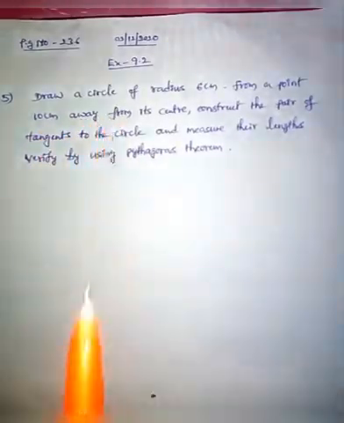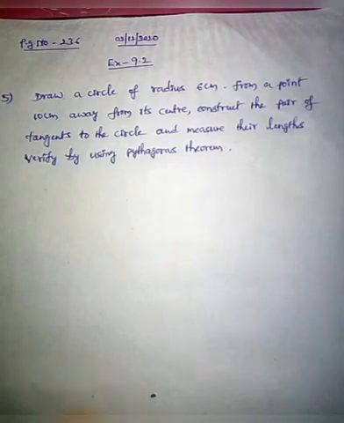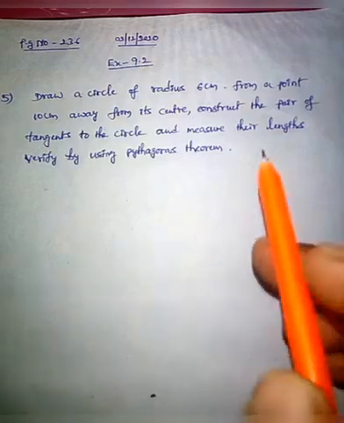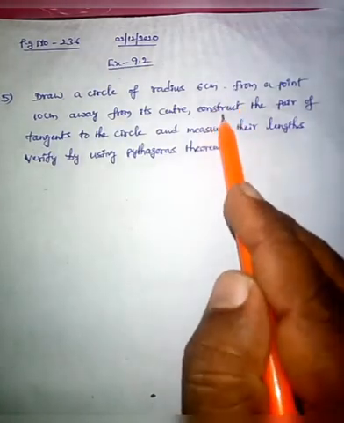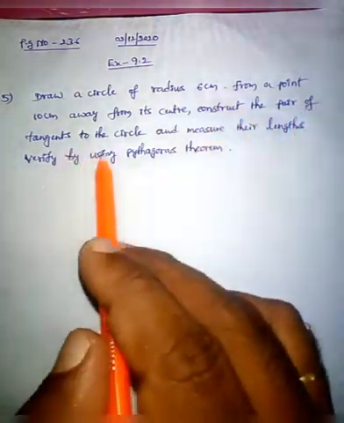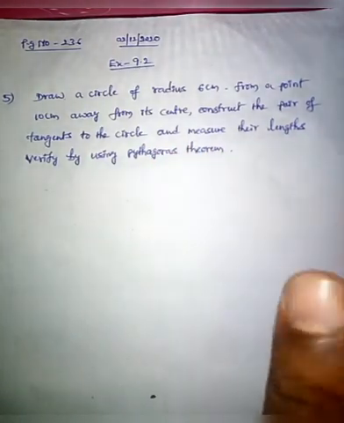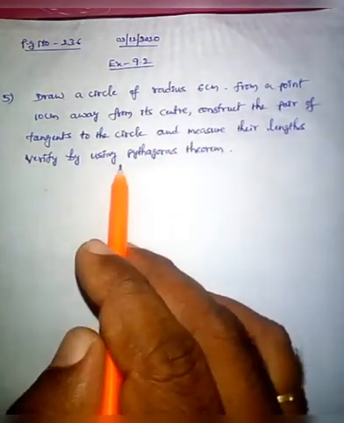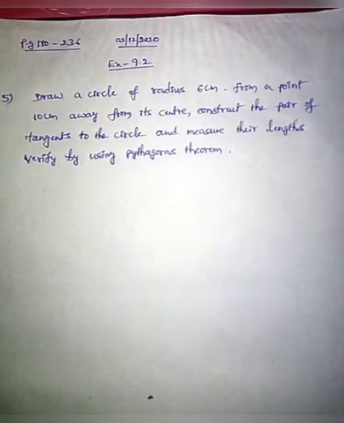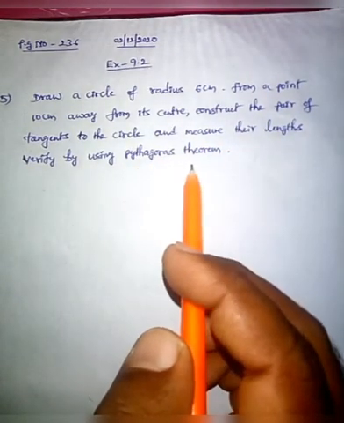From that point we have to construct a pair of tangents to that circle and measure their lengths. After that we have to verify the lengths of the two tangents by using the Pythagoras theorem.